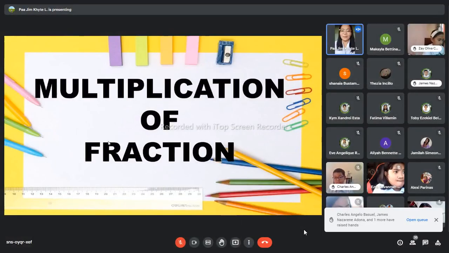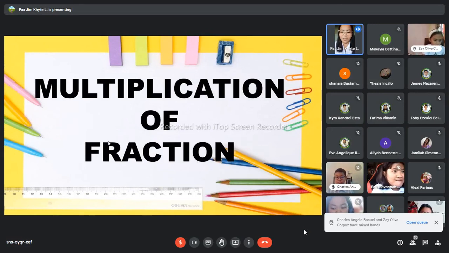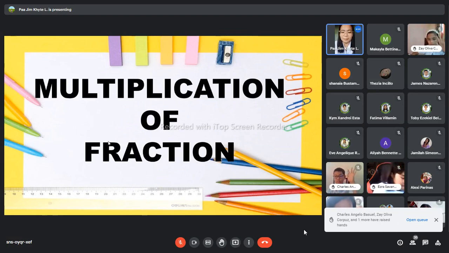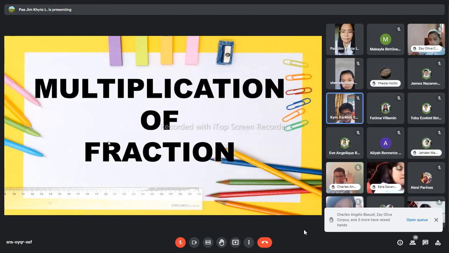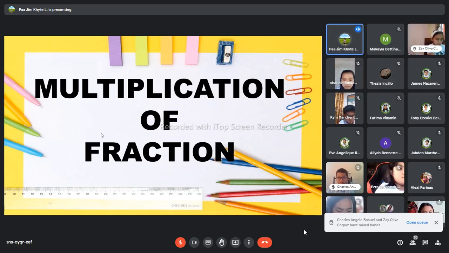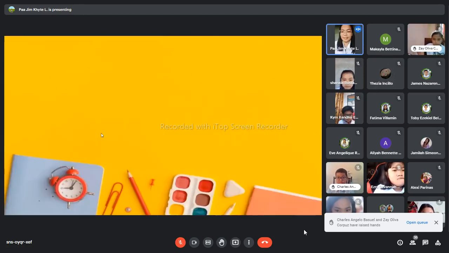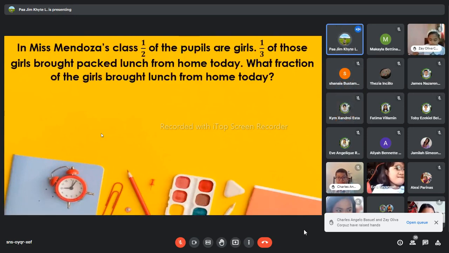Our lesson for today is about multiplication of fractions. What is our lesson for today? Anyone? Multiplication of fractions, ma'am. Very good. Now, let's take a look at this word problem. Kindly read.